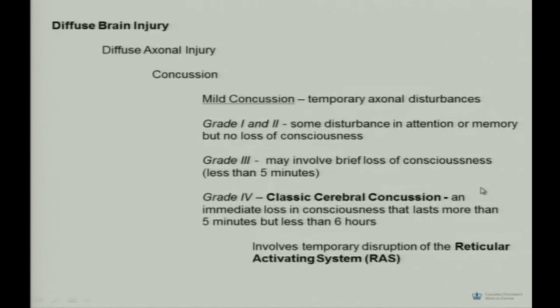So this immediate loss of consciousness is going to last longer than 5 minutes, but less than 6 hours. When someone is out for longer than 6 hours, okay, they're in a coma. Whether they wake up the next day or not, they're now in a coma. Okay? It's not a concussion anymore.